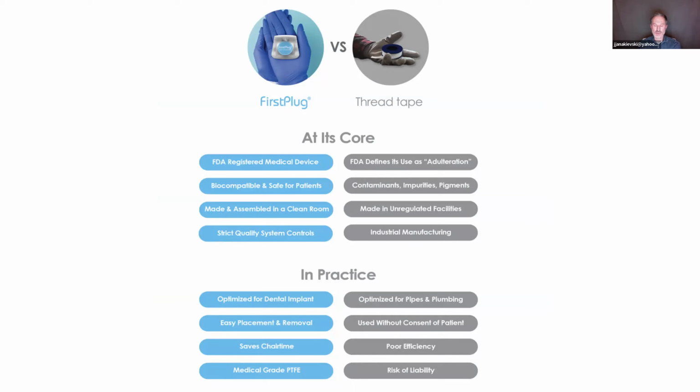It's a class 1 medical device, and we are compliant with everything that the FDA requires of a company that manufactures medical products. If you use an industrial product in the application, such as plumber's tape for a screw channel barrier, some clinicians, I've heard them in presentations say this is off-label use.